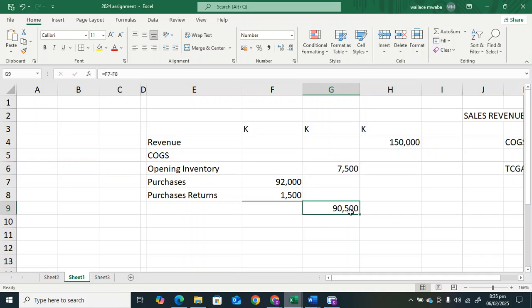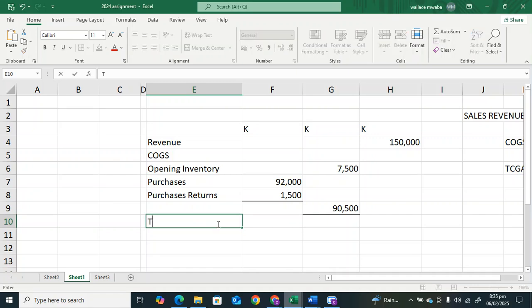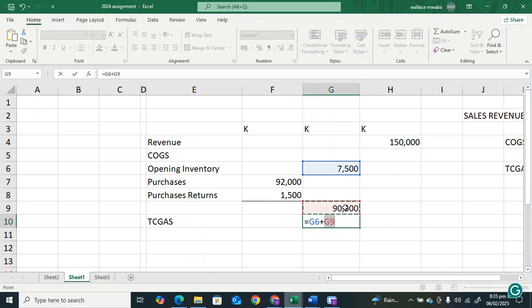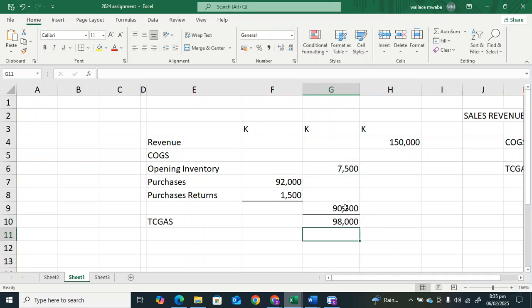So we find the total cost of goods available for sale. Remember the total cost of goods available for sale, TCGAS, is opening inventory plus purchases. 7,500 plus 90,500, we get 98,000.